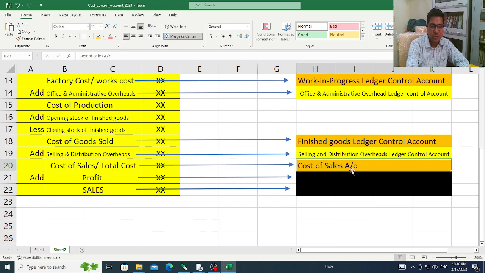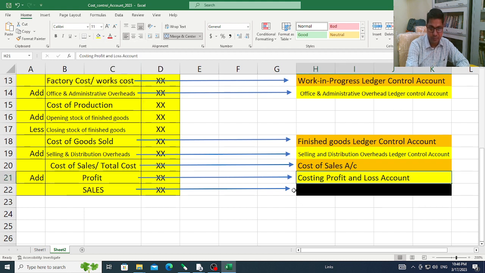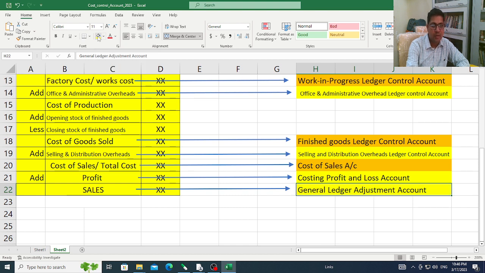Profit in the cost sheet, we can say is a costing profit and loss account. It is considered a costing profit and loss account, and whatever sales are there will be put under the general ledger adjustment account.